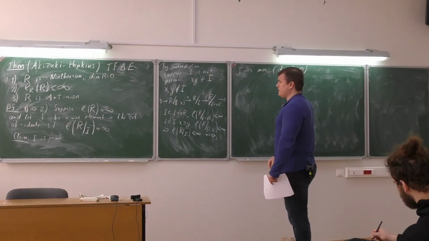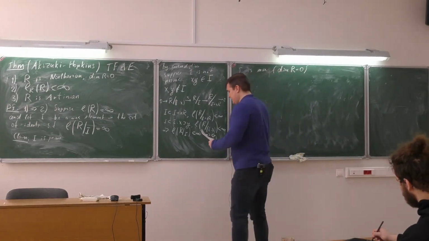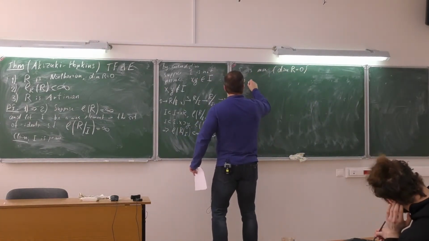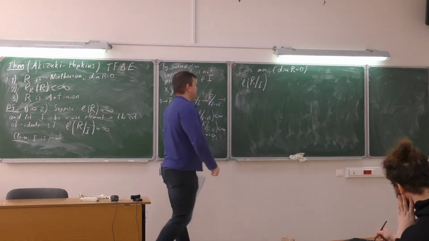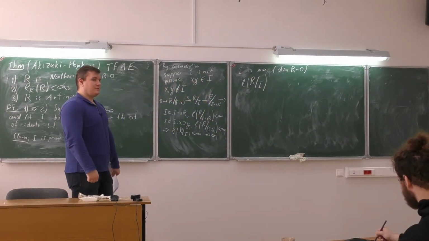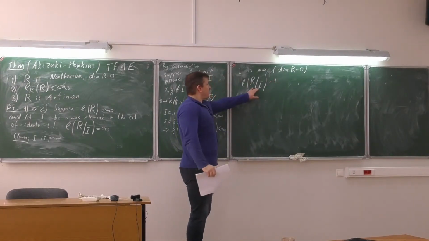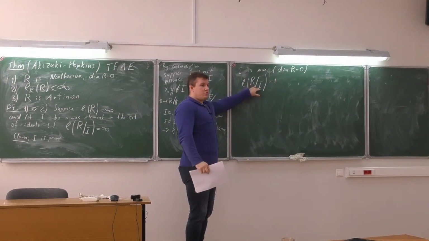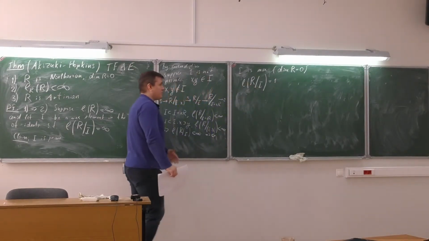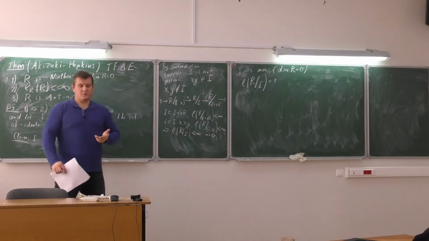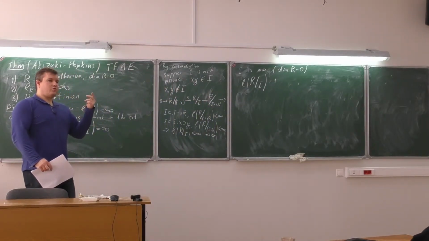Now we can say the following. If I look at the length of this quotient, what's the length of this quotient? No, this is not 0. This is 1. Because this is a maximal submodule, so this quotient is a simple module, and the length of a simple module is 1. Right? Look at the definition of the composition series. In the composition series, the last term is always the 0 term.